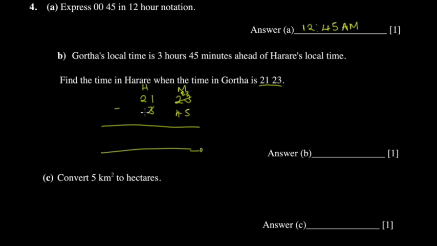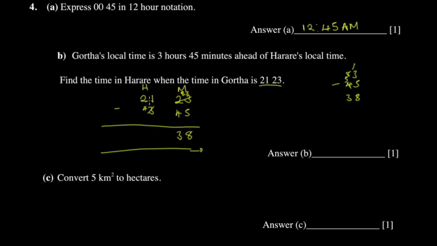Then we have to add 1 hour here, so this one will be 4. So you have 83 minus 45. 13 minus 5, you get 8 here, I think. Yeah, you get 8, and then you get 3. So 83 minus 45, you get 38.